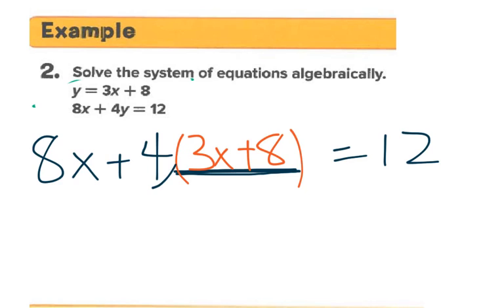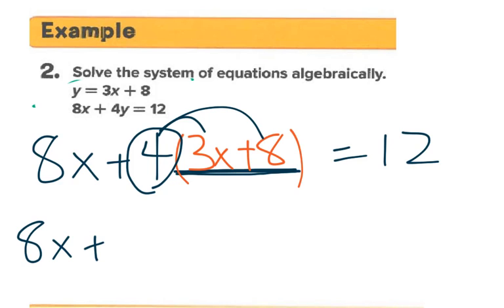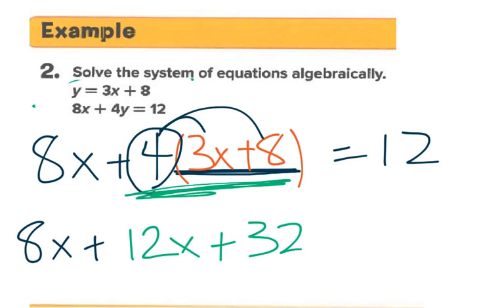Notice that I got to distribute the 4 to the 3x and the 8, and then I have to combine my terms, and then I have to solve just like normal. So I'm going to bring down the 8x because it's not going to change, and I'm going to distribute the 4. So 4 times 3x is 12x, and 4 times 8 is 32.